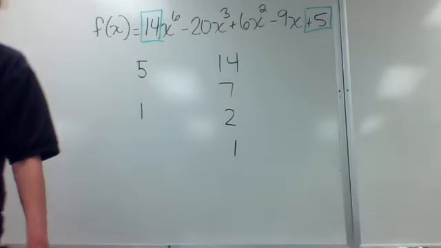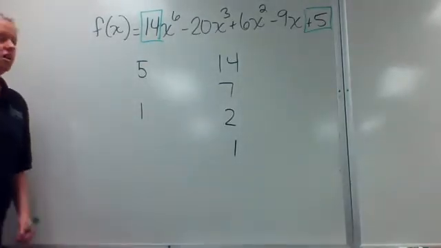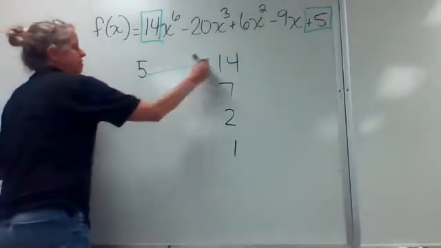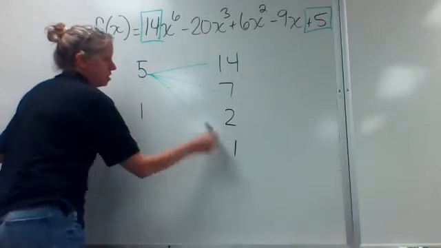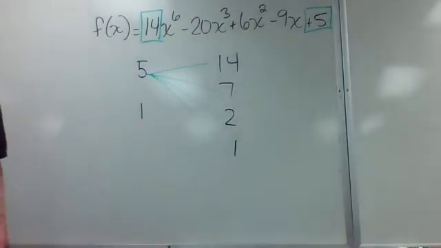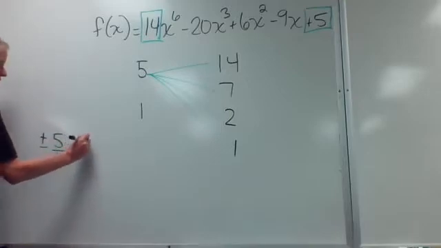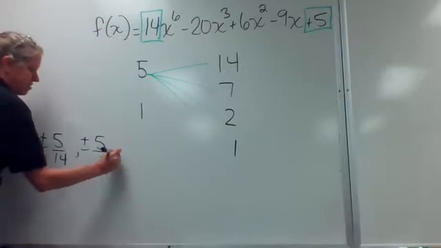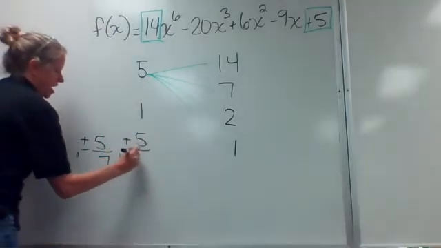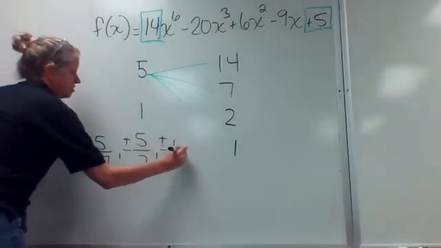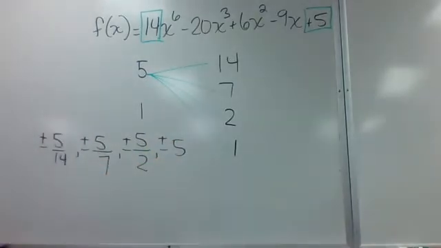Then you are going to make fractions with the 5 being the numerator over all of those, using positive and negative: positive and negative 5/14, positive and negative 5/7, positive and negative 5/2, and positive and negative 5/1, which is just 5.